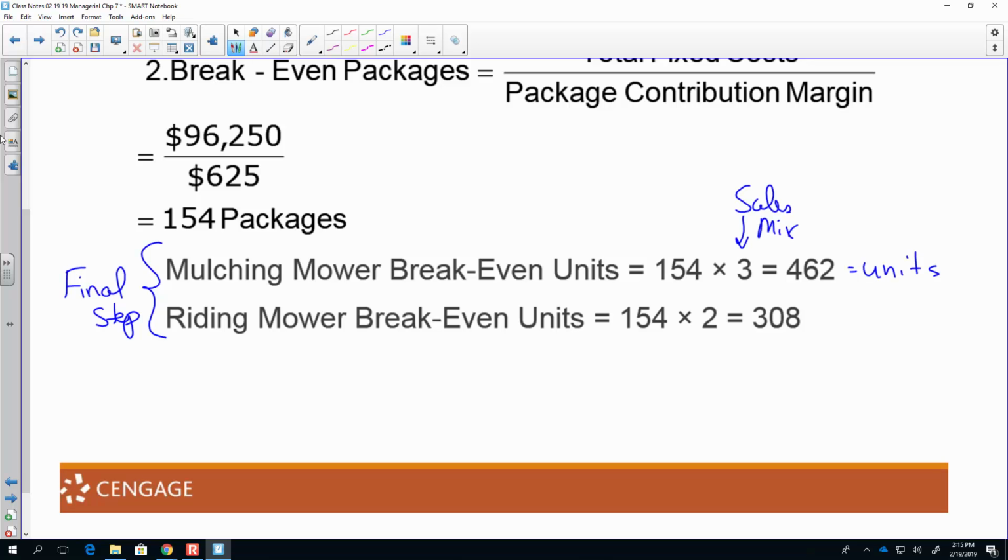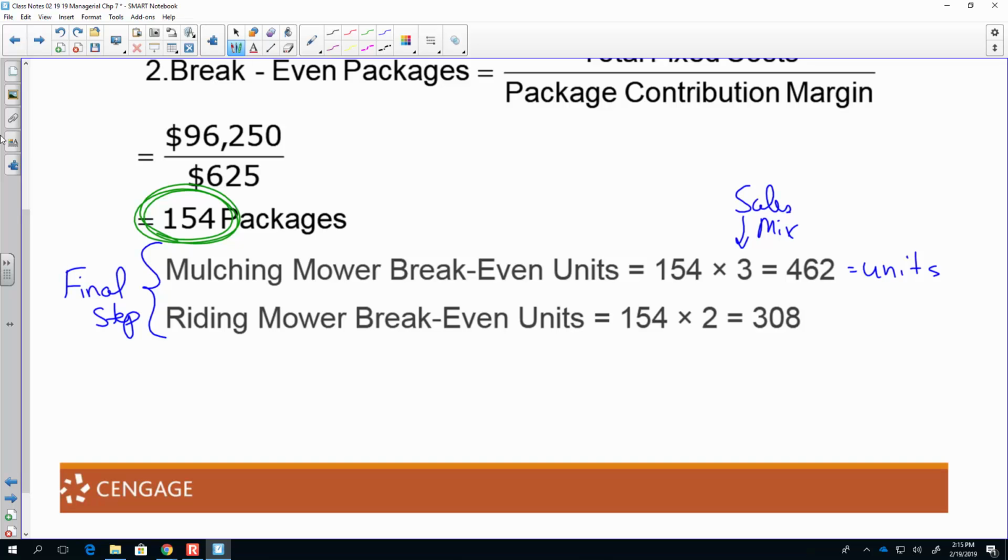I'm going to make a note here. On the test, if I'm looking for break-even points in, let's say, mulch mowers, one of the answers will be 154. Is 154 the number of mulch mowers to break even? The answer is no. Why is one of the answers 154?